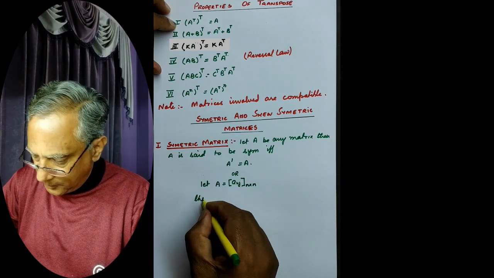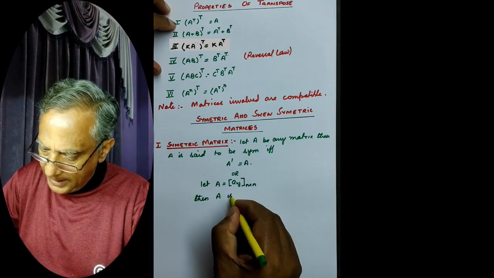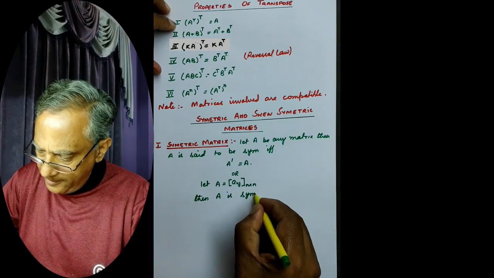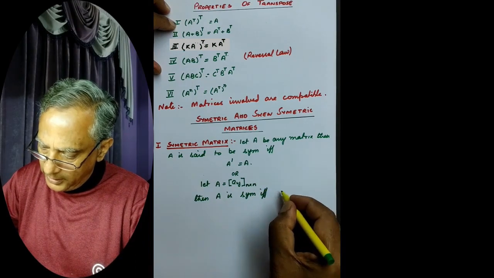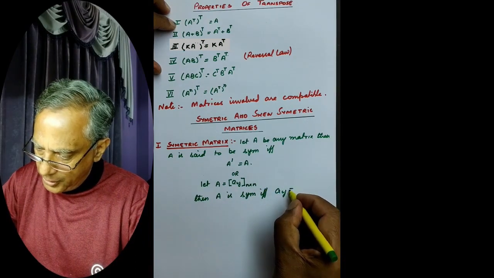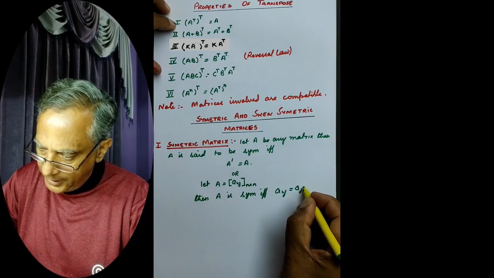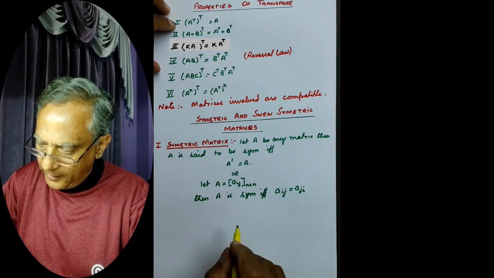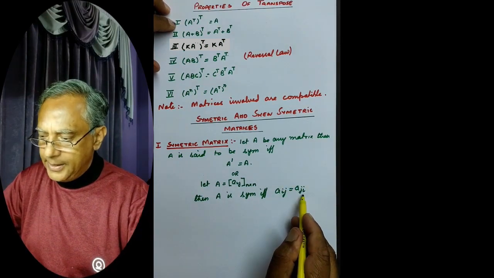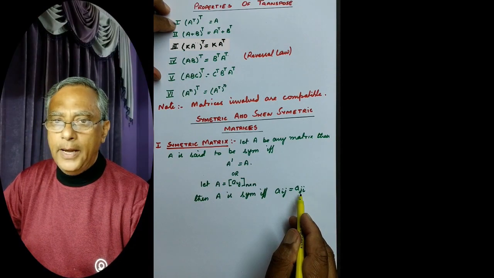Then A is symmetric if and only if Aij is equal to Aji.